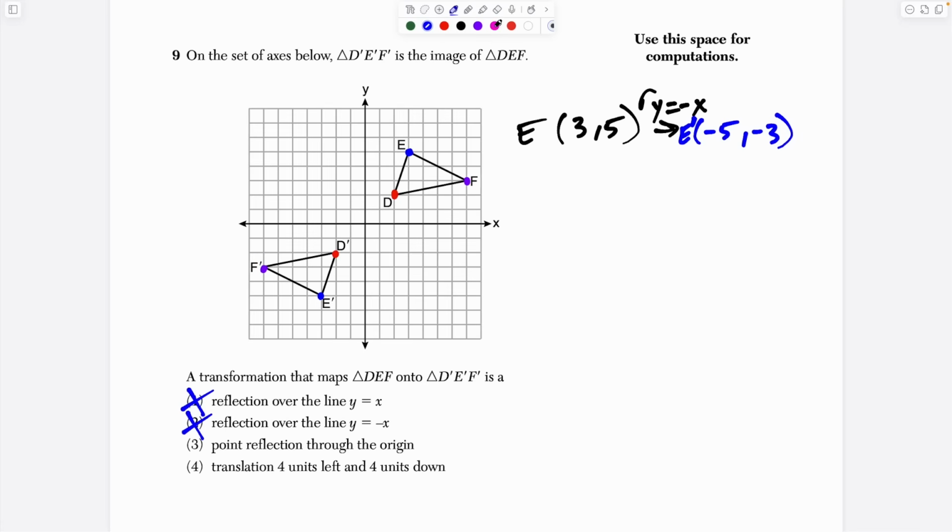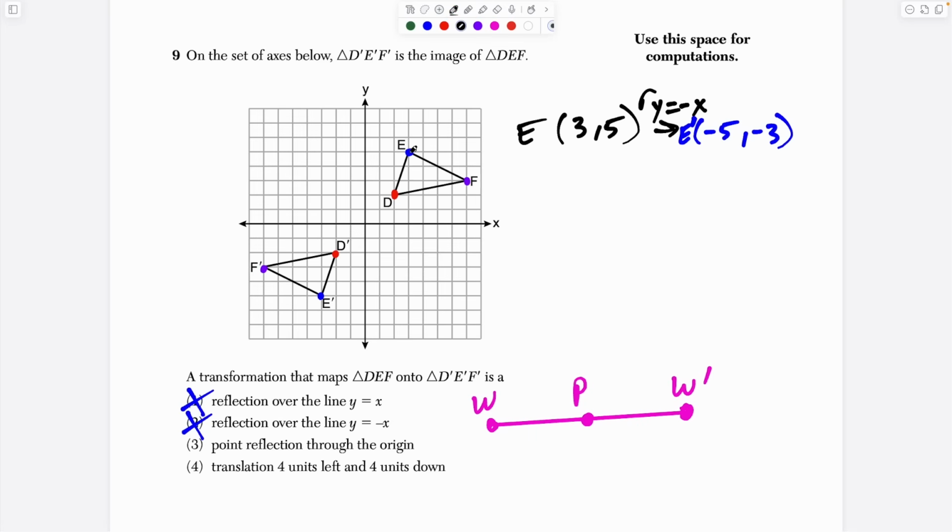But for choice 3, a point reflection would be if I have, let's say, this point here, I call this W, and I want to reflect it through point P, then I would send it straight to point P and then straight across to the other side to W'. So P would act as the midpoint of W and W'. That would mean the origin would have to be the midpoint of E and E', D and D', and F and F'.